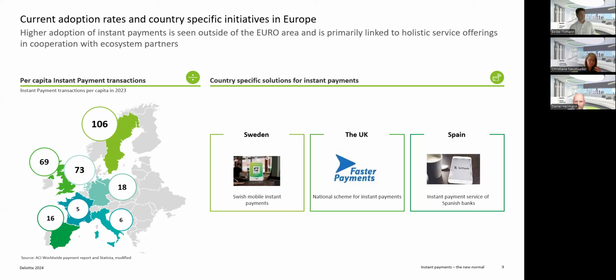And during this discussion, I changed my mind also. Maybe it will be important in the future with all the different possibilities and opportunities we have. But let's start with a look at the adoption rate in European countries.